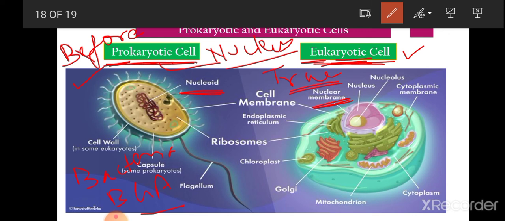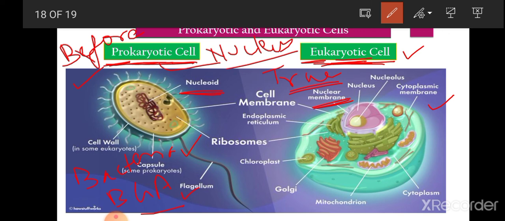So what are the examples of eukaryotes? All organisms except bacteria and BGA, means blue-green algae, means cyanobacteria, all other organisms come under eukaryotes. They have eukaryotic cells. Fungi are eukaryotic, algae are eukaryotic, and all other plants are eukaryotic.